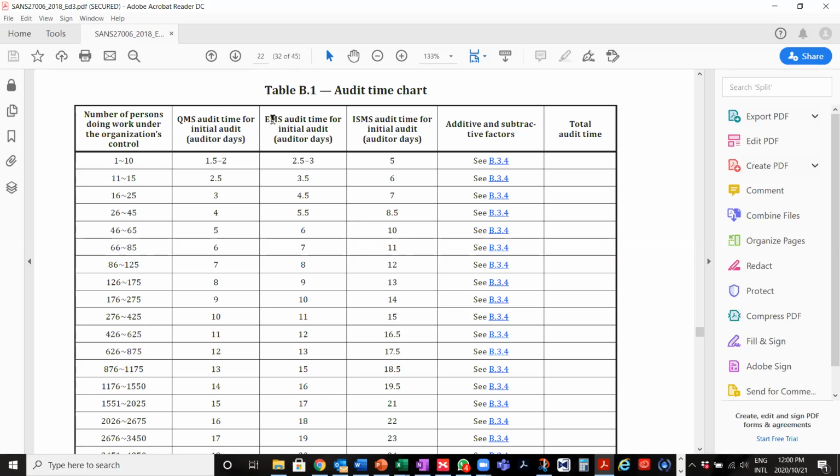The EMS, environmental management system, because it is more complex, is 2.5 to 3 days. For an information security management system, it is going to be 5 days, because the complexity and the nature of this management system determine that more time and effort need to be put in.